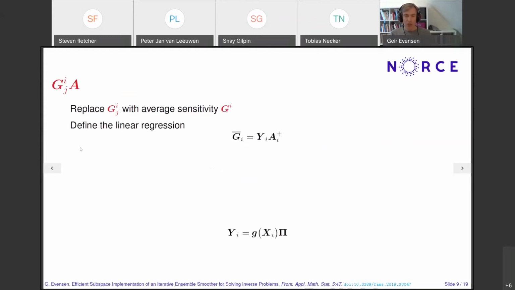But since we are working with an ensemble method, we can approximate this G_i with an ensemble representation through a linear regression. That means we are using a least squares best fit representation of G averaged over the ensemble. Y is the predicted measurement with the mean subtracted, and A plus is the pseudo inverse of the ensemble anomalies.